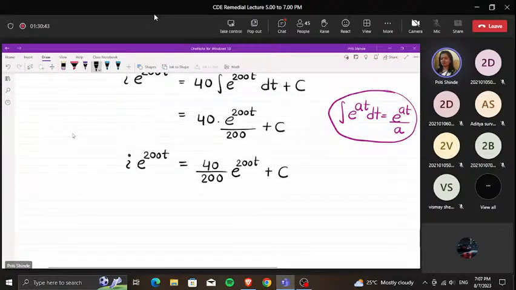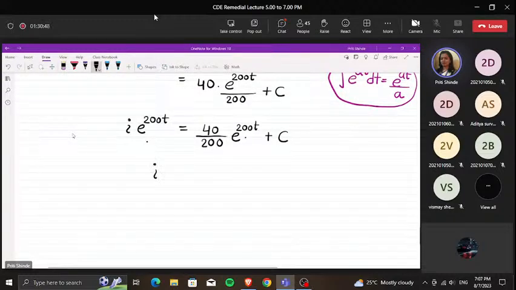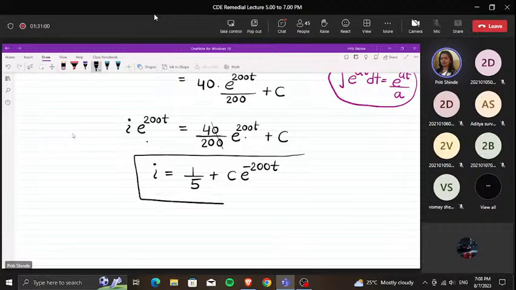I want i, so divide throughout by e raised to 200t. So i is equal to, simplifying, 1 by 5 plus c e raised to minus 200t. So this is my solution. We want current as a function of t.